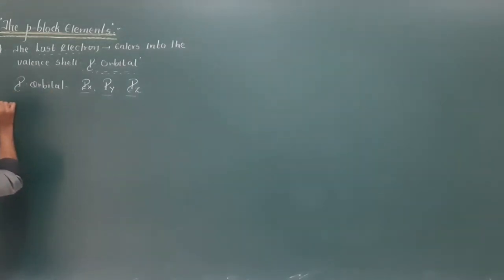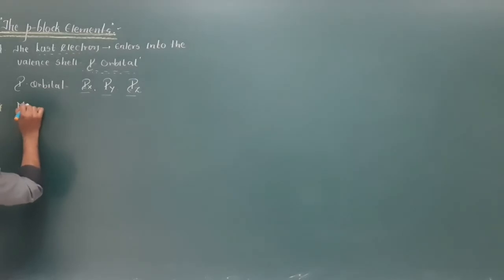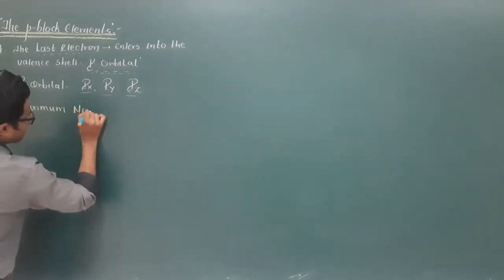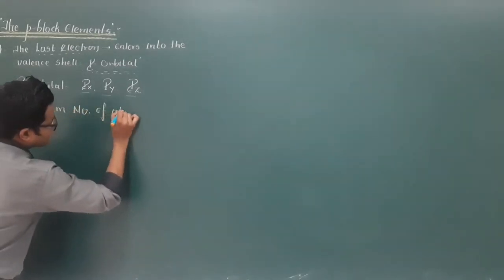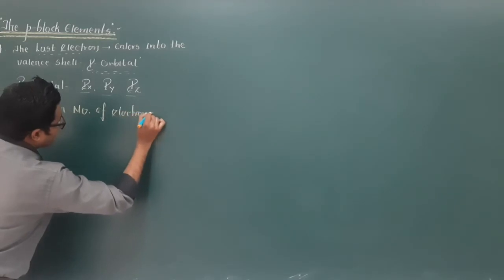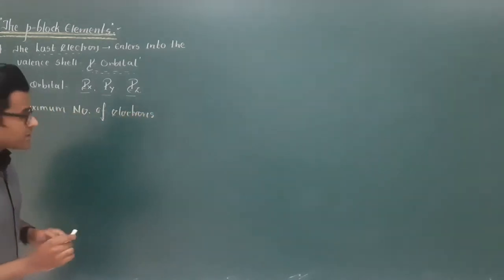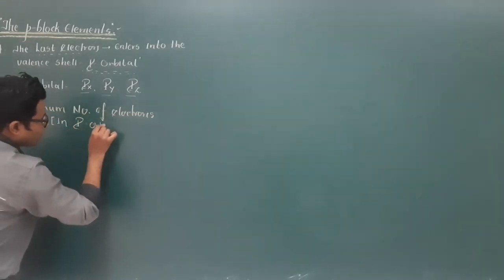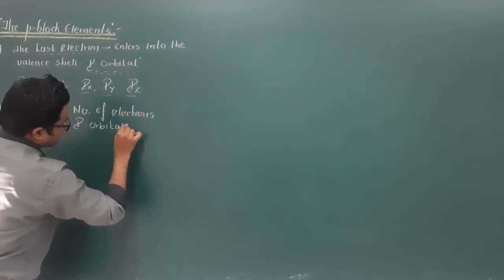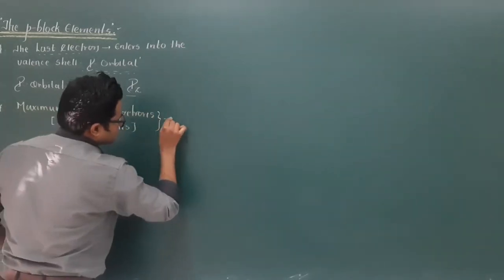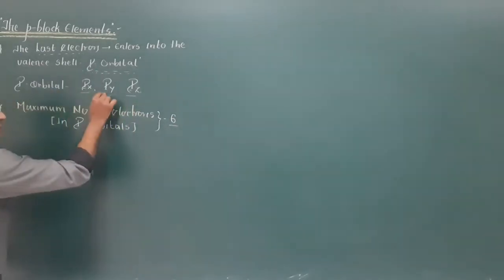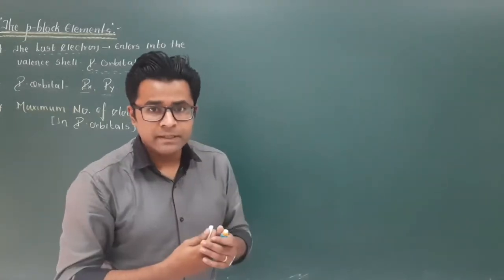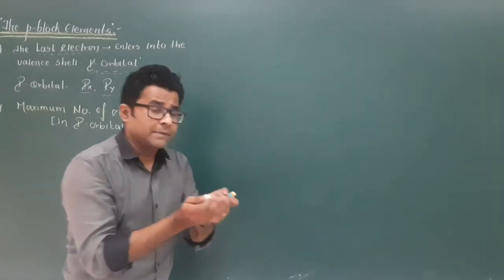So can we say that the maximum number of electrons in p orbitals is going to be 6? 2 plus 2 plus 2. The p orbitals, px, py and pz, together can accommodate 6 electrons.